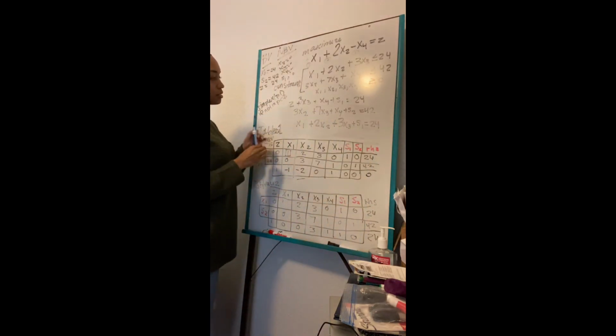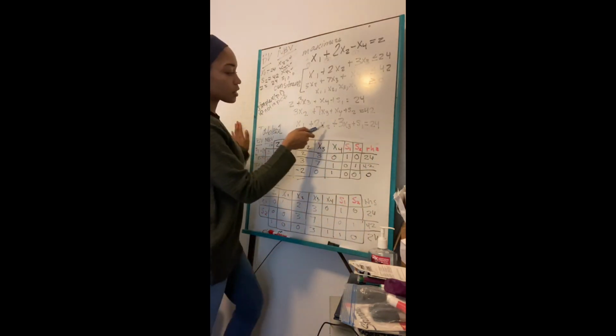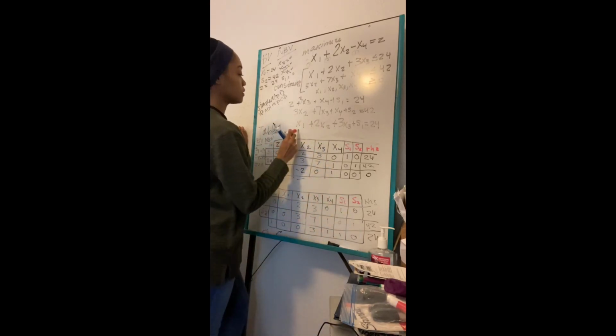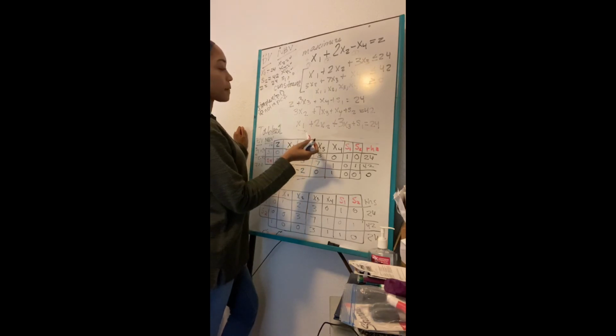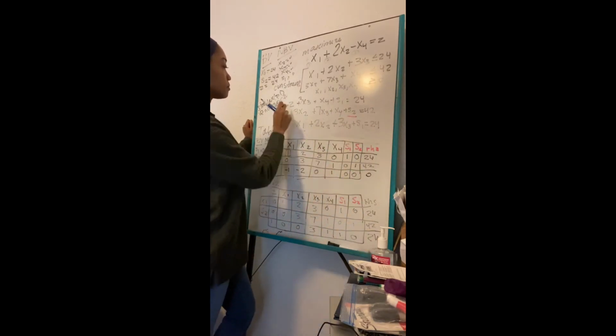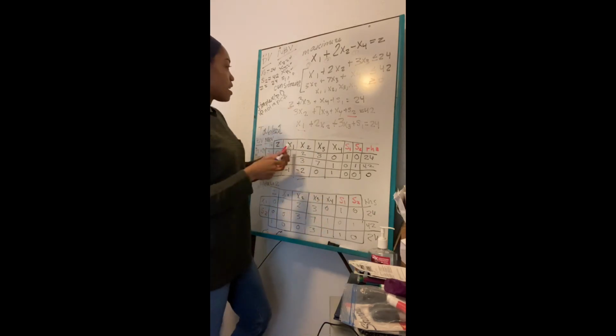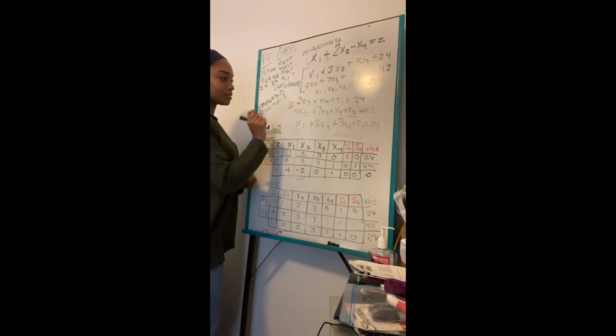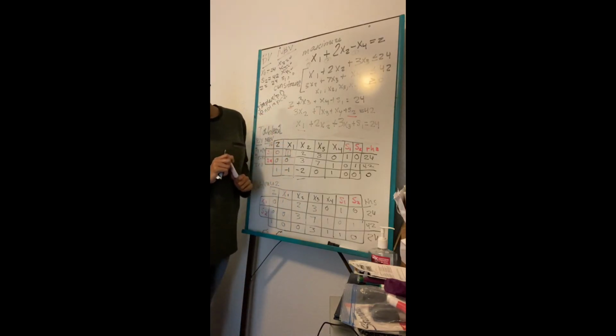And so now you have equations that are in perfect canonical form. You have this one, this one, that one. This would be the optimum solution.